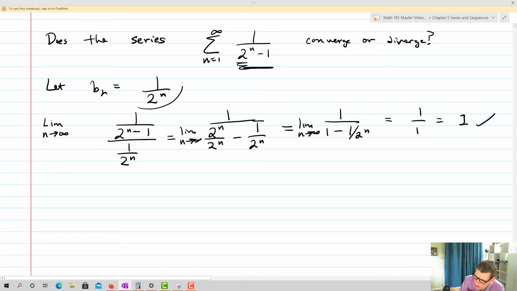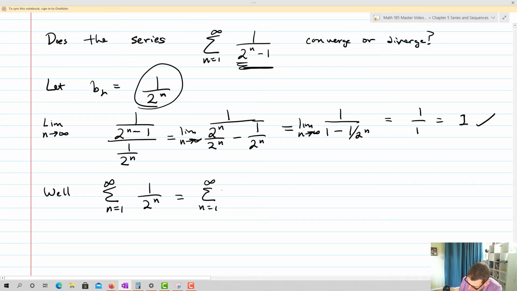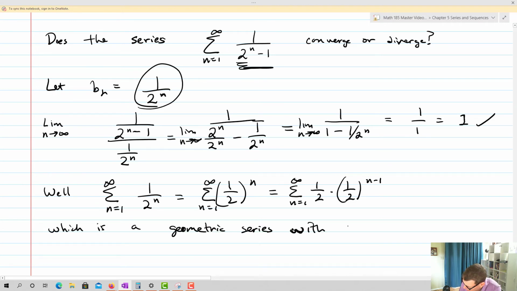So now we just need to know, what about 1 over 2 to the n? Does that converge? Well, the sum n equals 1 up to infinity of 1 over 2 to the n equals the sum n equals 1 up to infinity of 1/2 times 1/2 to the n minus 1, which is a geometric series with r equal to 1/2, which is strictly less than 1.